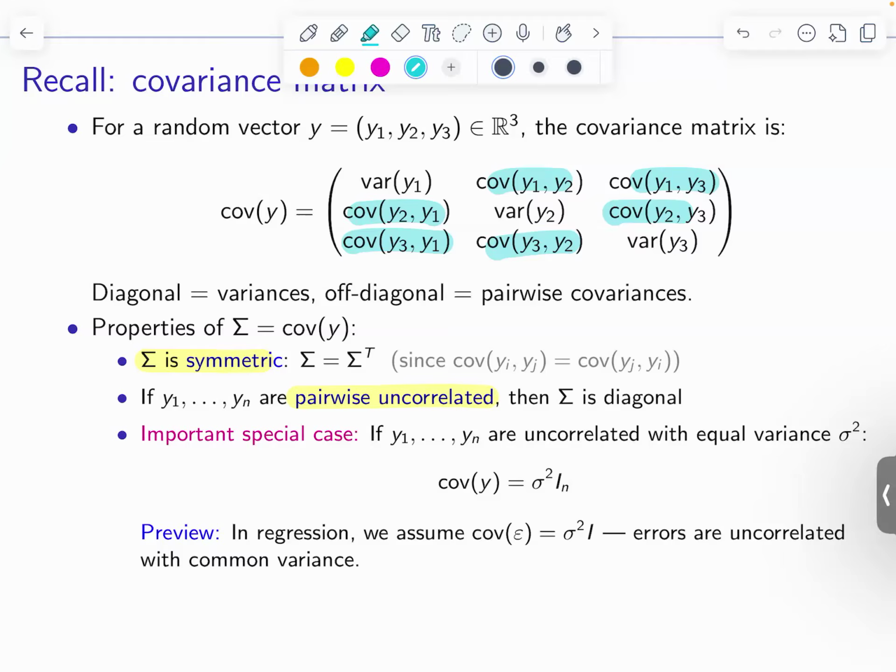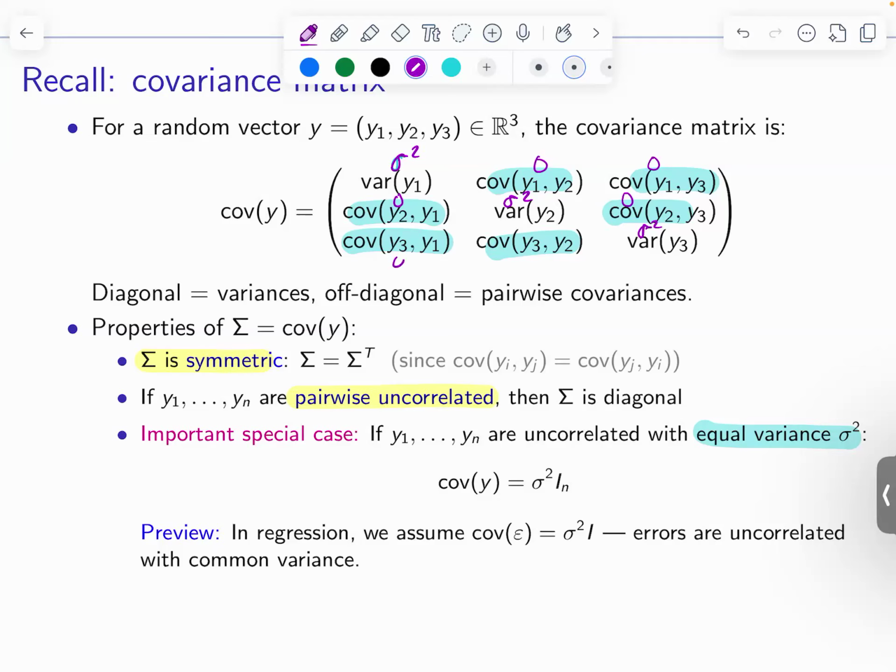The special case is the case where this is true and all coordinates have the same variance, or equal variance case, in which case everything on the diagonal will be sigma squared as well. So this will be sigma squared, sigma squared, sigma squared, and the rest is 0.